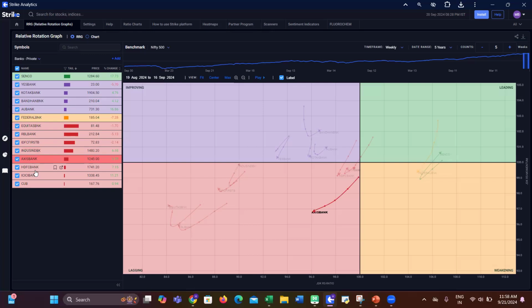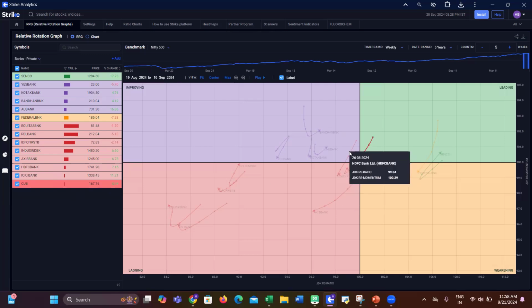Axis Bank, very interesting, but we'll have to see if there is any turnaround. HDFC Bank, yeah, it had its turn towards leading. Let's see. ICICI Bank, yeah, there is a turnaround, so it may get into improving and leading. City Union Bank in lagging, no respite, so we'll have to see how it does.